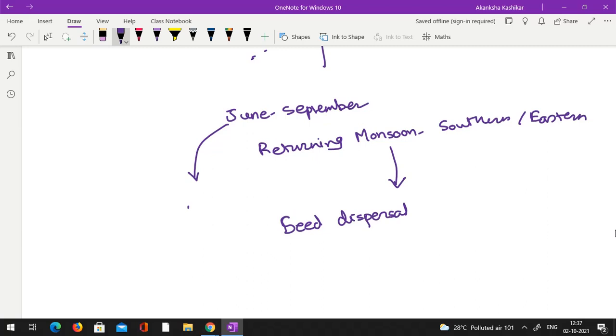Here they could see more seed dispersal in late May or early June, whereas here they could see more seed dispersal around late September or early October, even though the species were exactly the same.